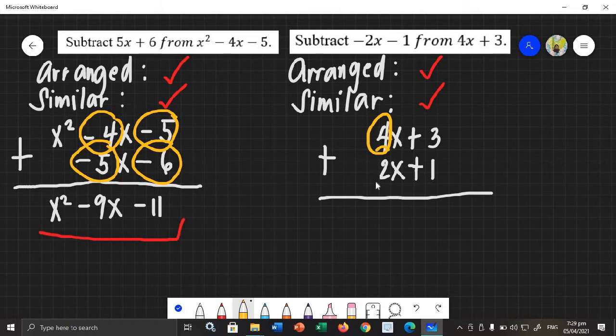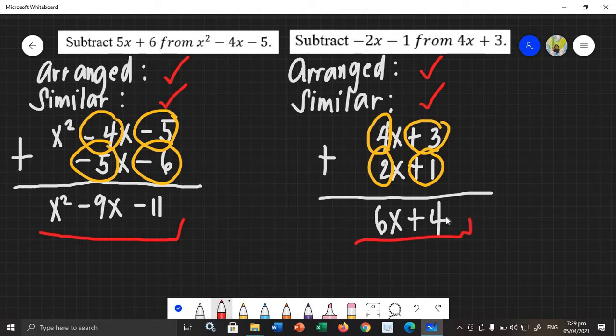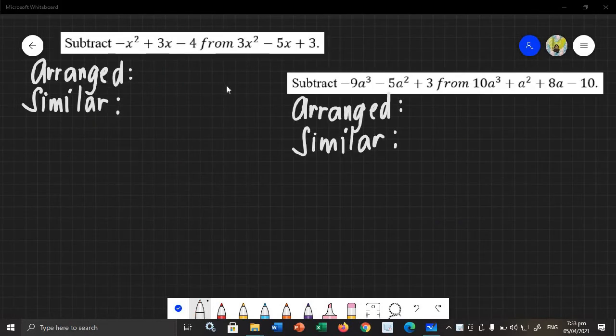So, we will add 4 and 2. The answer is 6x, and then copy the literal coefficient. And then add natin din yung constant, positive 3 plus positive 1. The answer is positive 4. So just write plus 4 there. And that will be the difference for our second example. The difference is 6x plus 4.